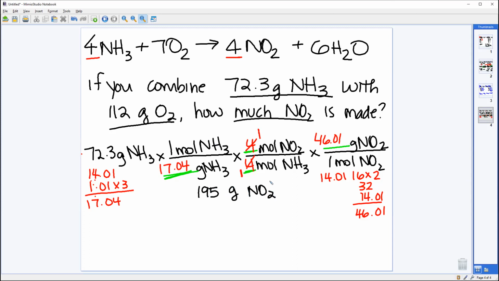Okay, now that's just the first step in my problem. I've figured out if I start with 72.3 grams of ammonia, I get 195 grams of NO2.